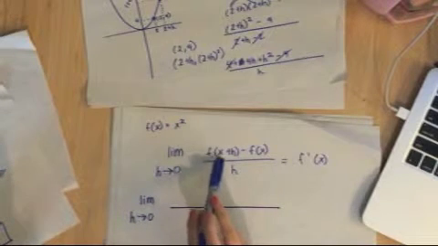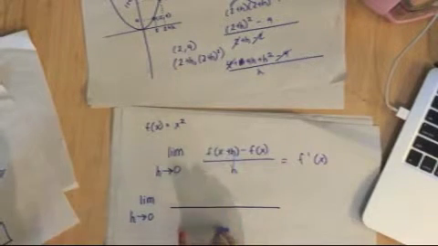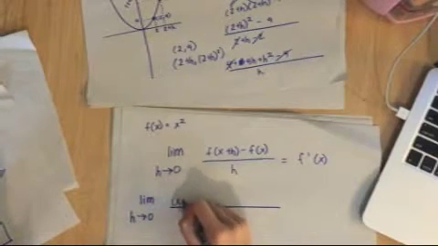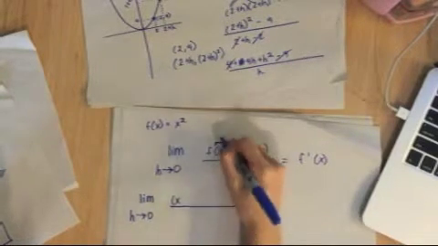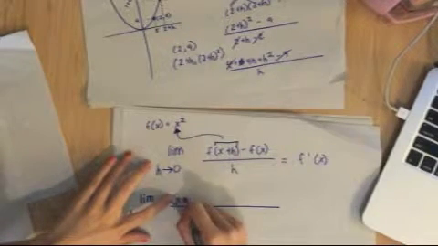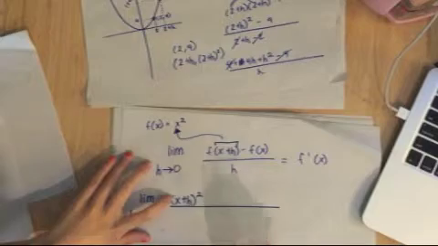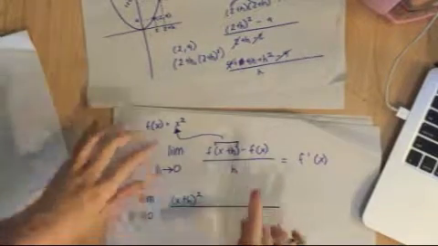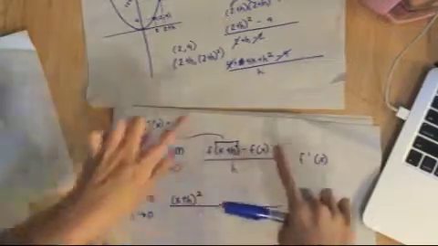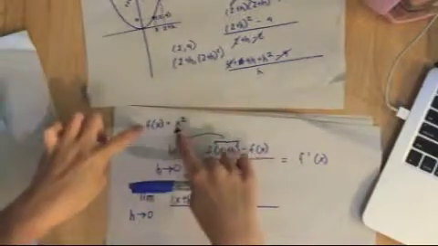So f of x plus h, how should we input that here? Well, simply we can just plug x plus h into x. So it becomes x plus h squared. So what I did basically was take x plus h and input that for x in my original function.